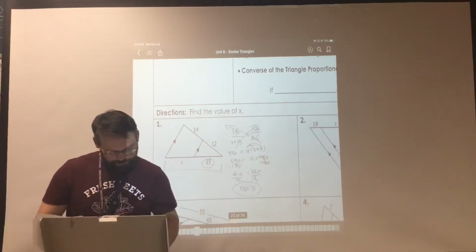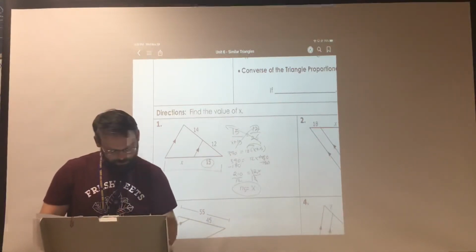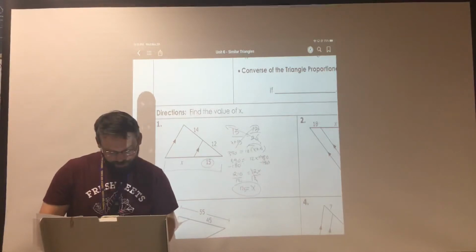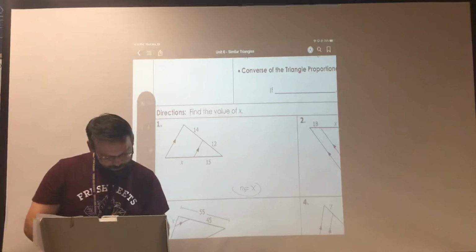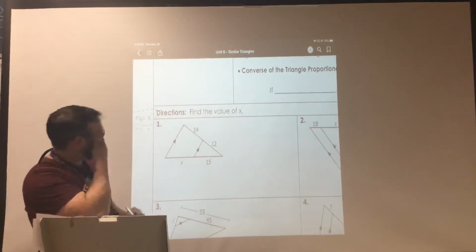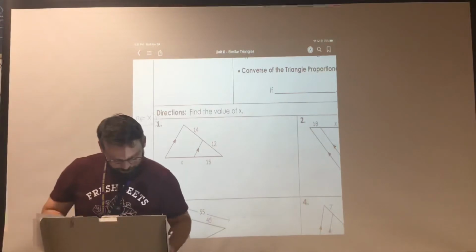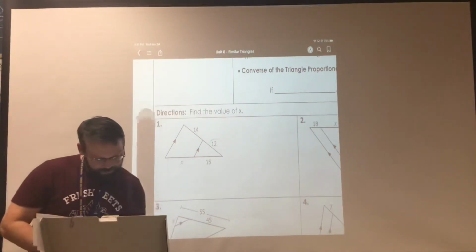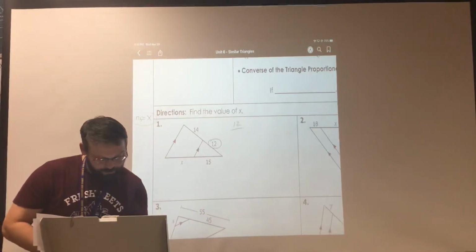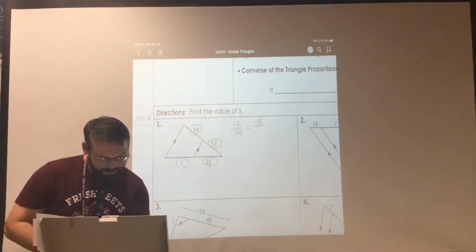So let me show it to you this way. I'm going to erase everything except the fact that our answer we know to be 17.5. I'll just move that over here to the side so that we remember. I can actually set the 12 over the 14 and the 15 over the x.